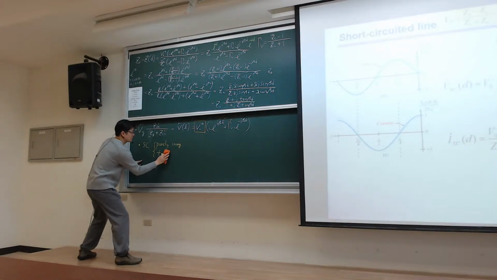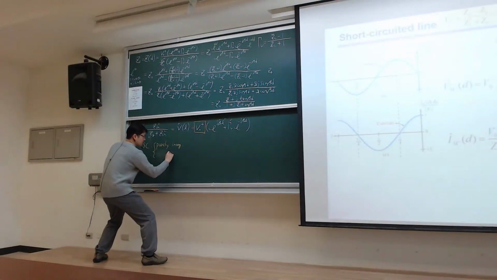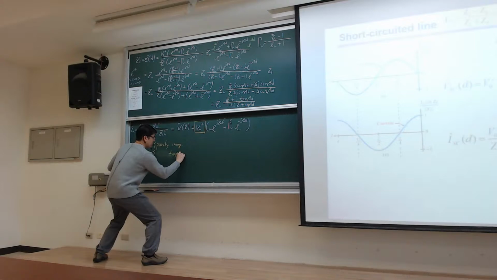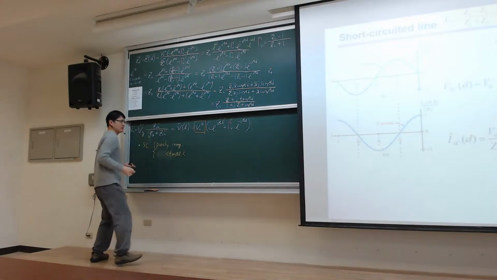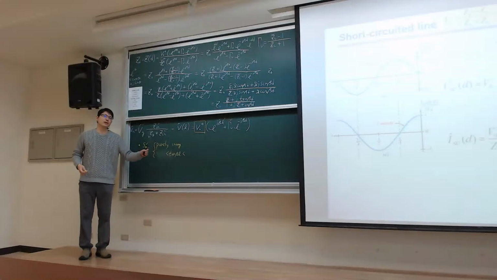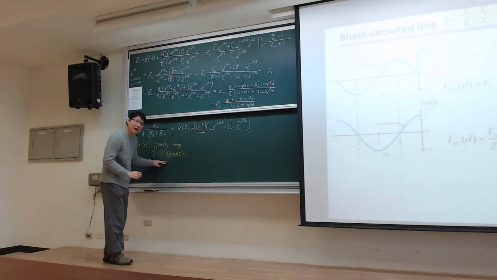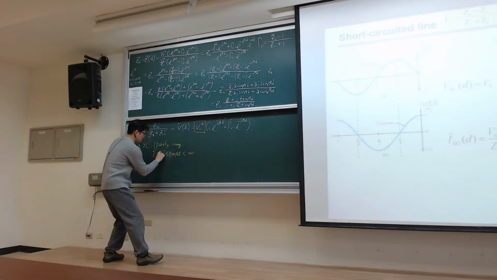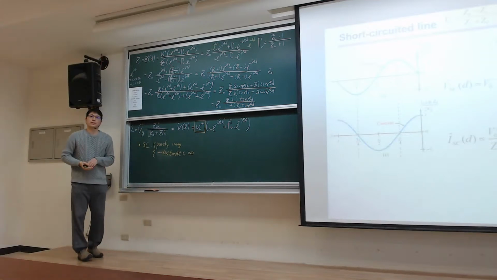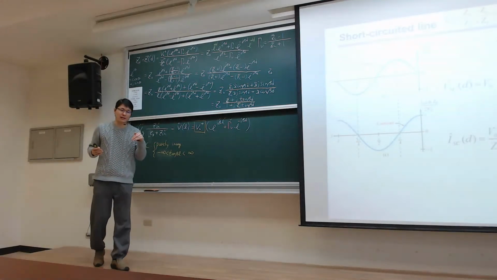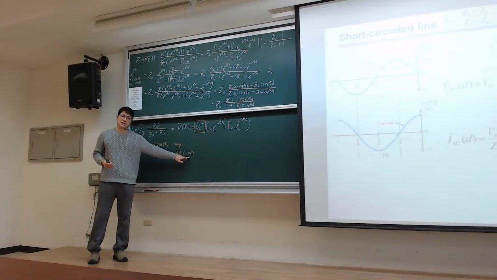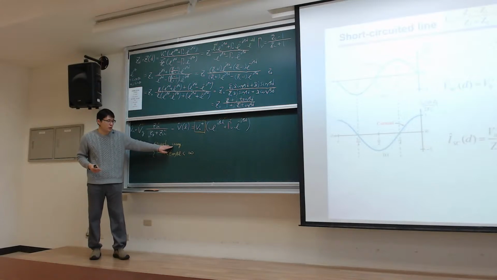Or let me write it in this way. Tangent beta L is smaller than 1 and greater than 1. Tangent is unbounded, right? Tangent oscillates from negative infinity to positive infinity. And then the entire thing is purely imaginary.